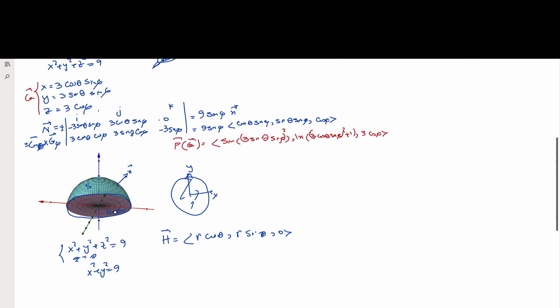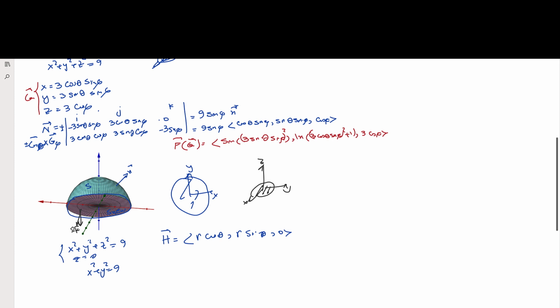And so what I do is I put in the outward direction, and that way it is outward already for S. The outward direction for this other surface, let me think about it. The surface is the bottom part, sitting on the xy plane right here, and therefore the outward unit normal vector is just negative k.